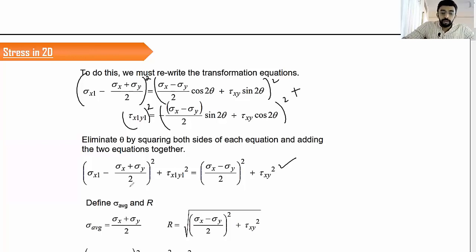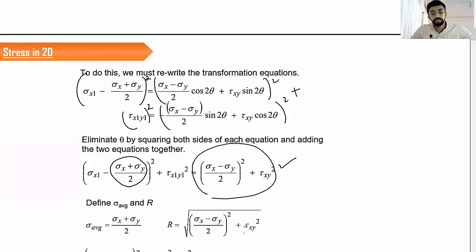I will rename sigma x plus sigma y by 2 as sigma average, actually this is the average value, and I will rename the other term as r square. If we rewrite this equation using sigma average and r, I can write: sigma x minus sigma average whole square plus tau xy square is equal to r square.